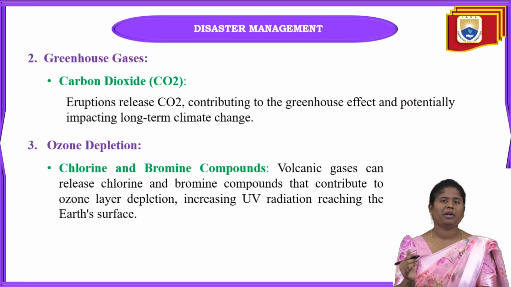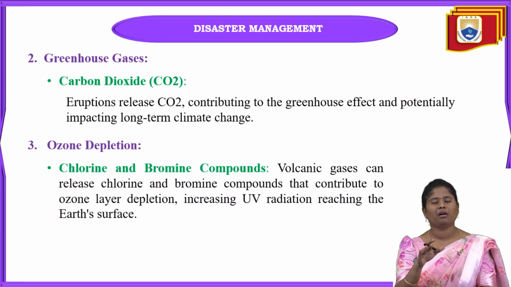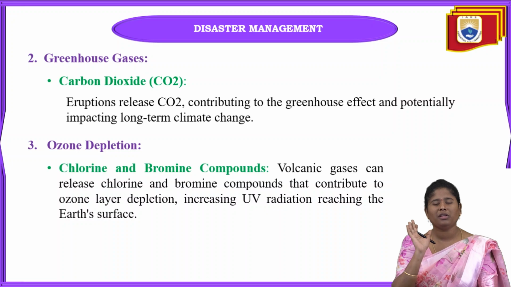If the climatic conditions change, in some areas the morning may be somewhat hot and the night cool, but because of this change, overall they may face a cold climate. So these are the changes in climatic condition because of greenhouse gases.